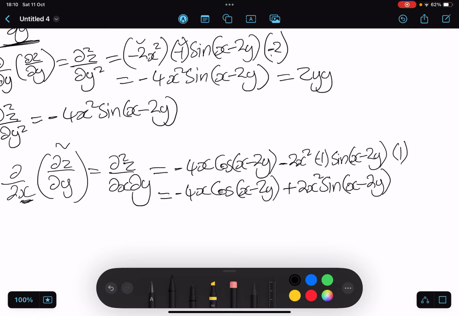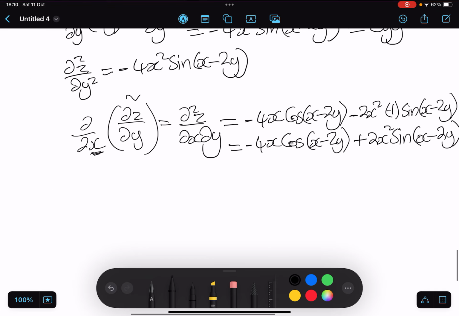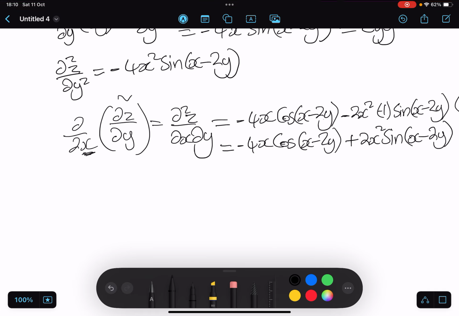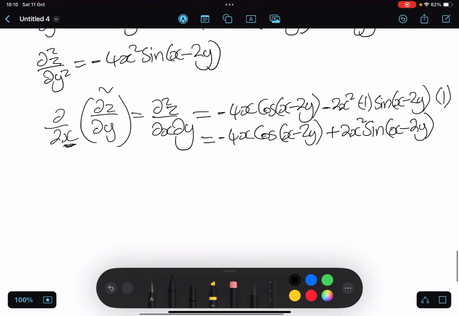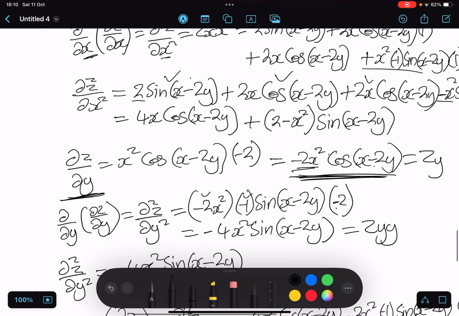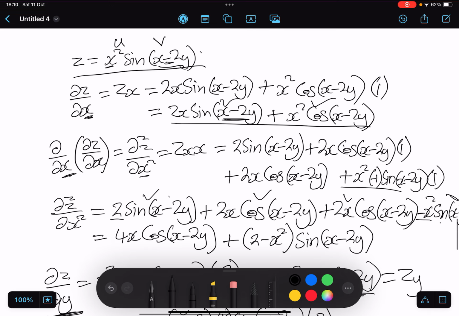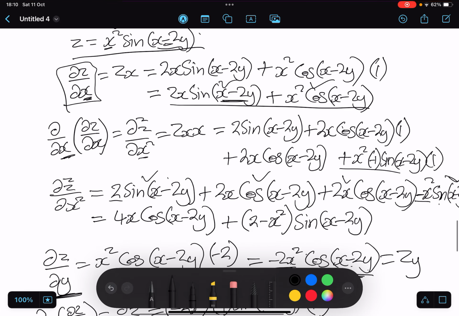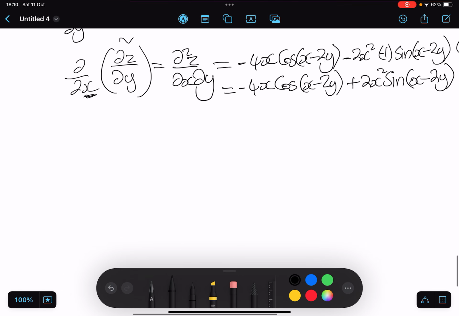And then from here, now we have d squared z over dx dy. So now we need to find d squared z over dy dx, which means we need to differentiate this, dz/dx, with respect to y.